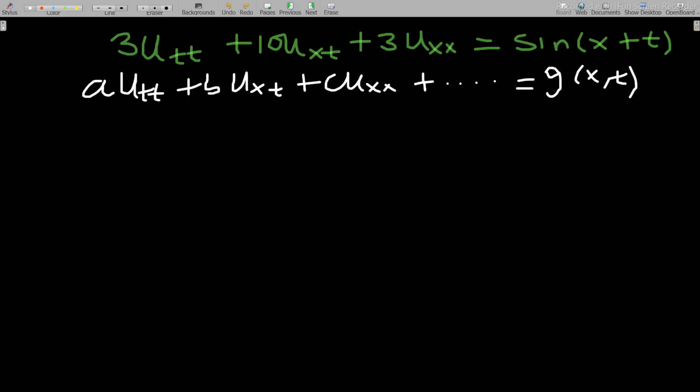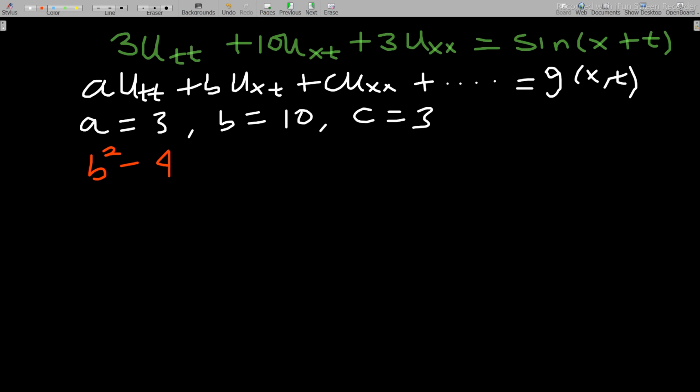Comparing this to that, you could see that A is equal to 3, B is equal to 10, and C is equal to 3 as well. So how do I go about it? If you have this, we first check b squared minus 4ac.